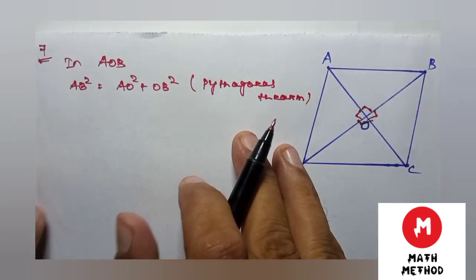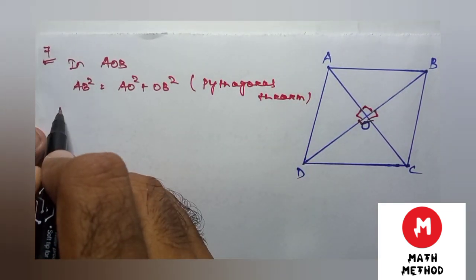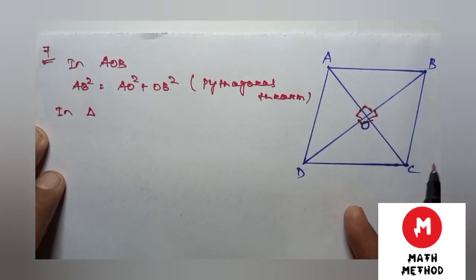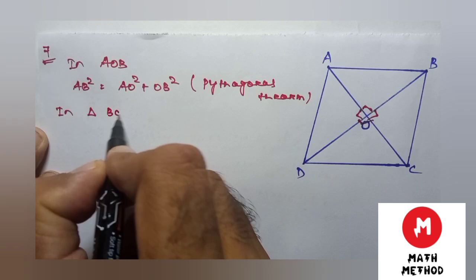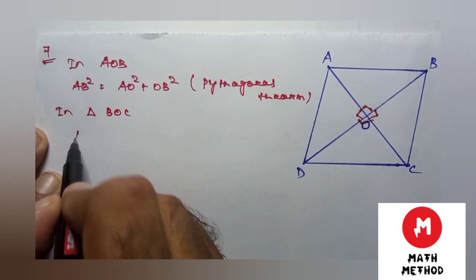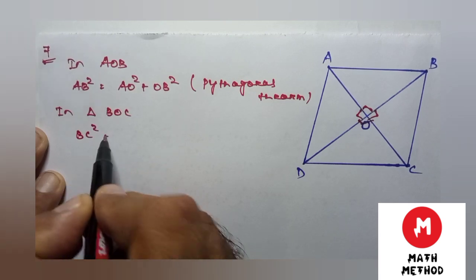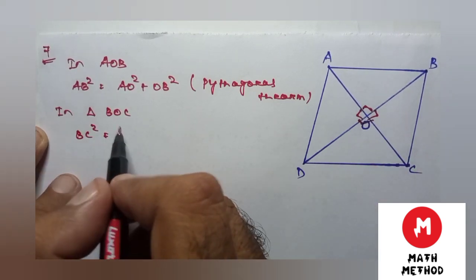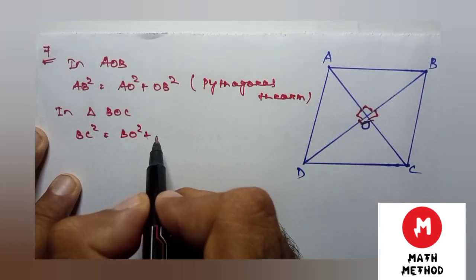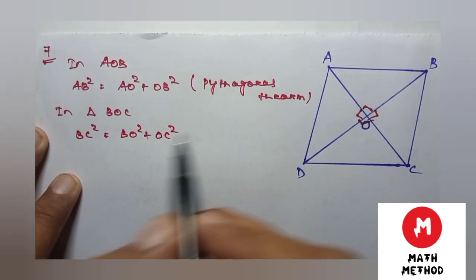Clear? So similarly in triangle BOC, BC square is equal to BO square plus OC square, again Pythagoras theorem.